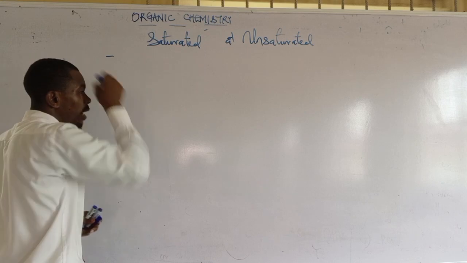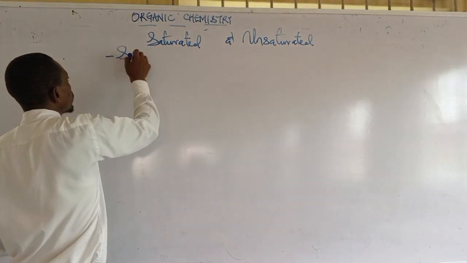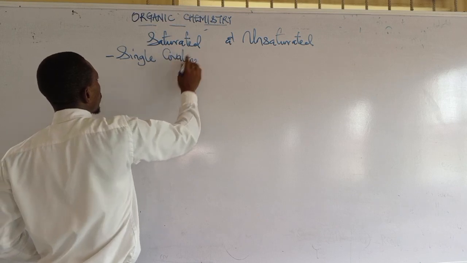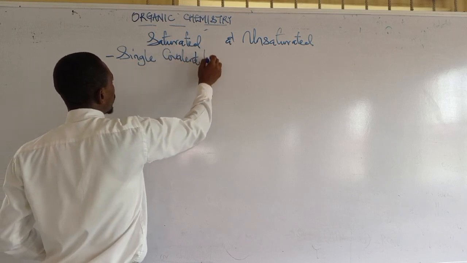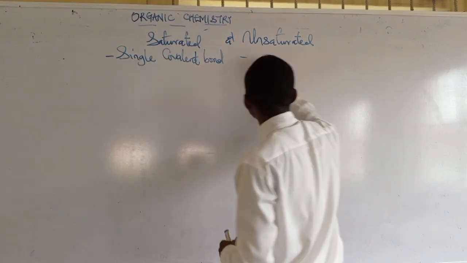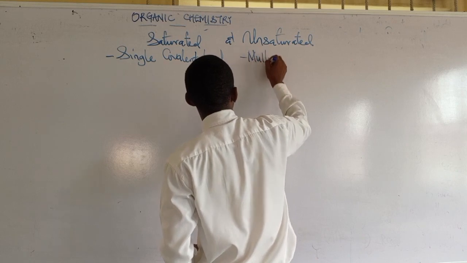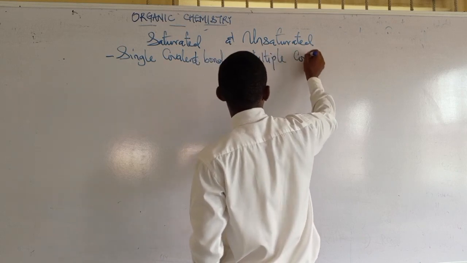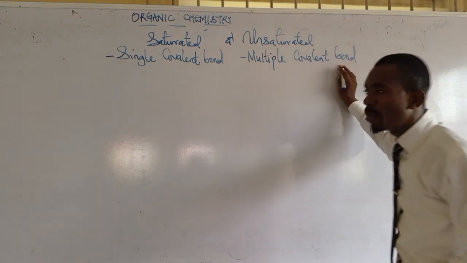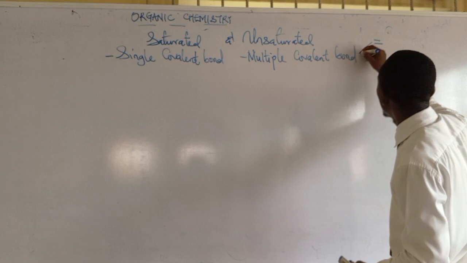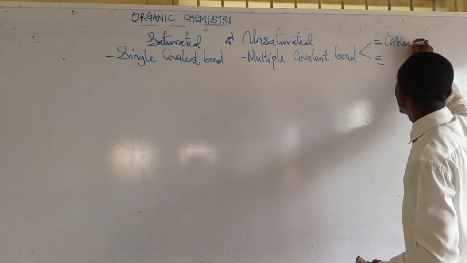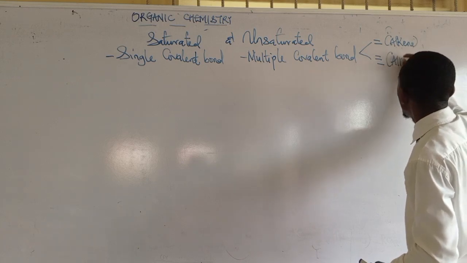These are compounds that have a single covalent bond. Meanwhile, unsaturated compounds have multiple covalent bonds. Now, this multiple covalent bond could either be double or triple. Double is for the alkenes, triple is for the alkynes.